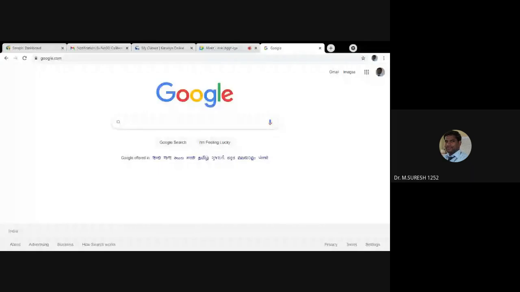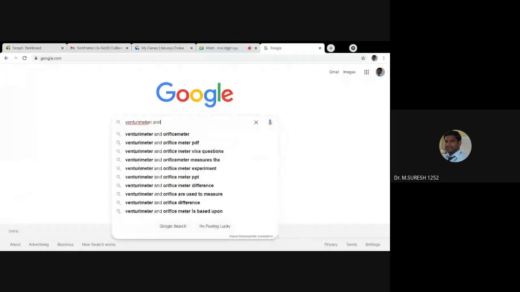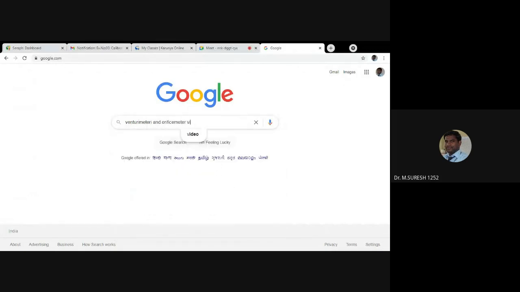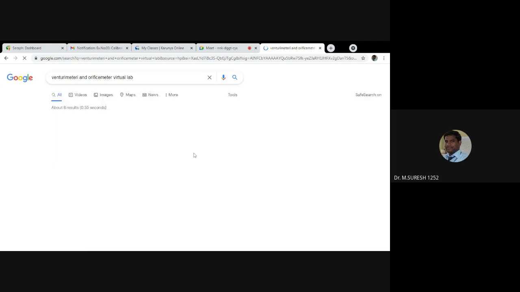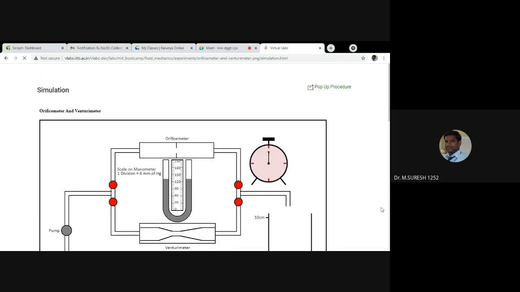Go to Google and type Venturimeter, and also type Orifice meter virtual lab. If you type Venturimeter Orifice meter virtual lab, the first one you can see is the Orifice meter and Venturimeter virtual lab.